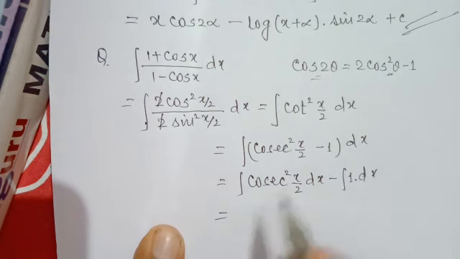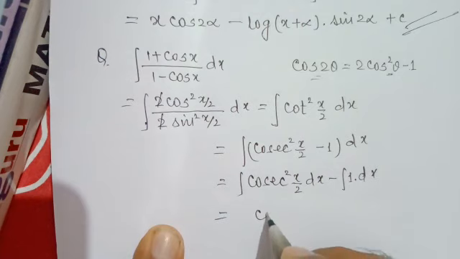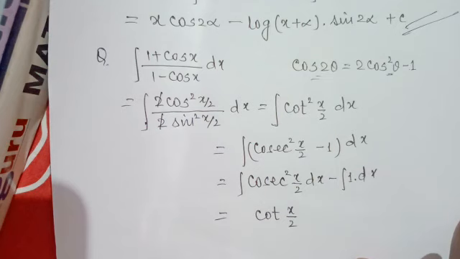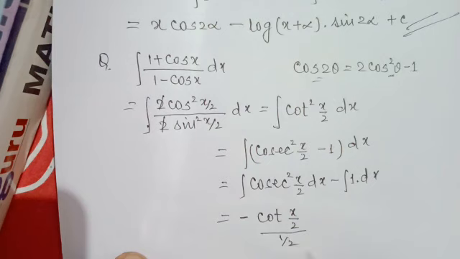Integration of cosec square is minus cot(x by 2), and coefficient of x by 2 is 1 by 2, so we get minus 2 cot(x by 2), and integration of 1 is x.